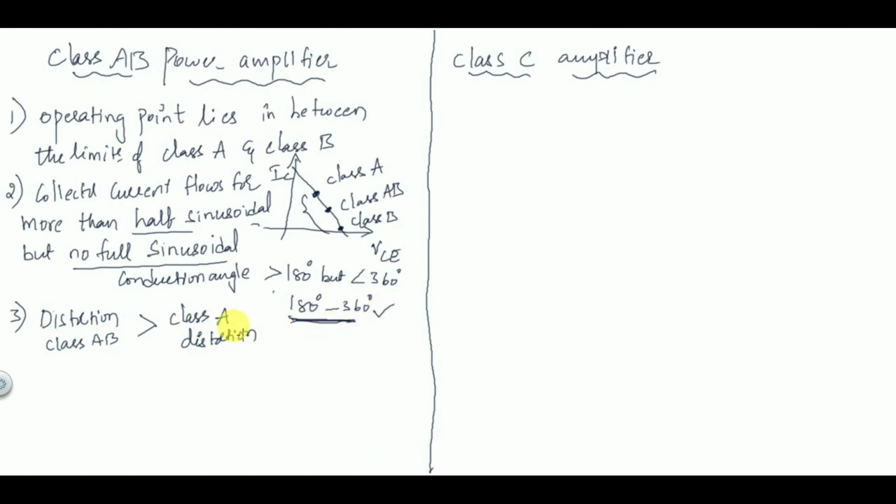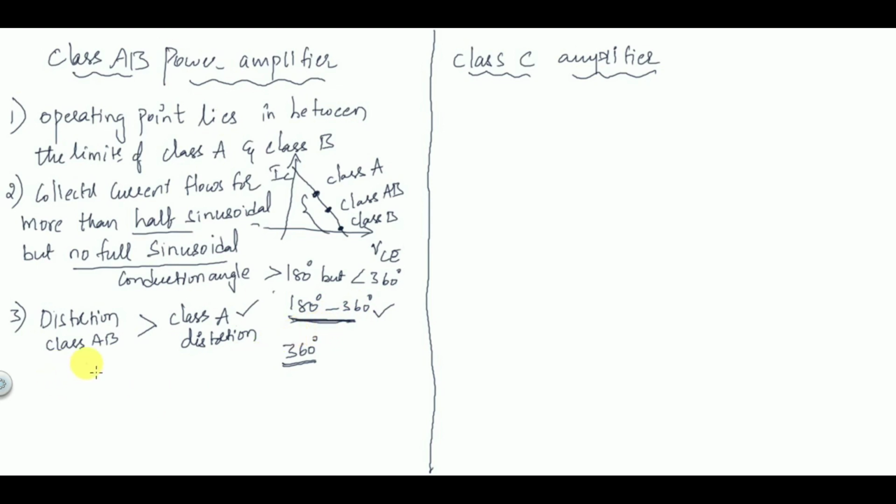For class A power amplifier the conduction angle is 360 degrees, so for the total cycle the current flows and you get a full sinusoidal wave at the output. So there will be very little distortion in class A. In class AB the distortion is more because the conduction angle is only between 180 and 360 degrees.